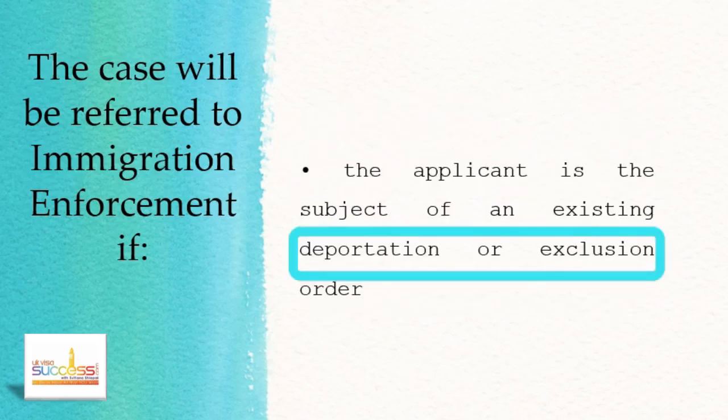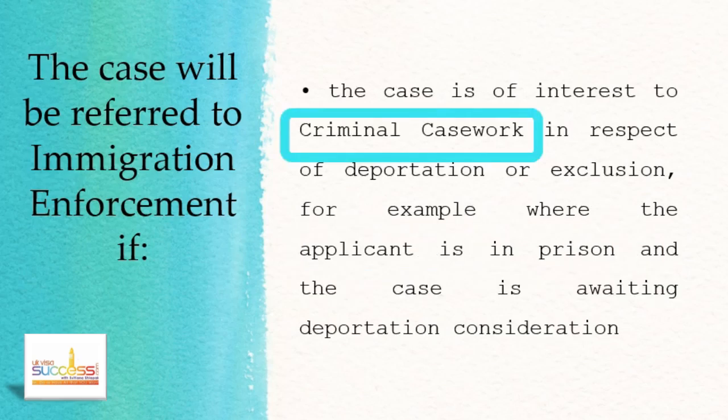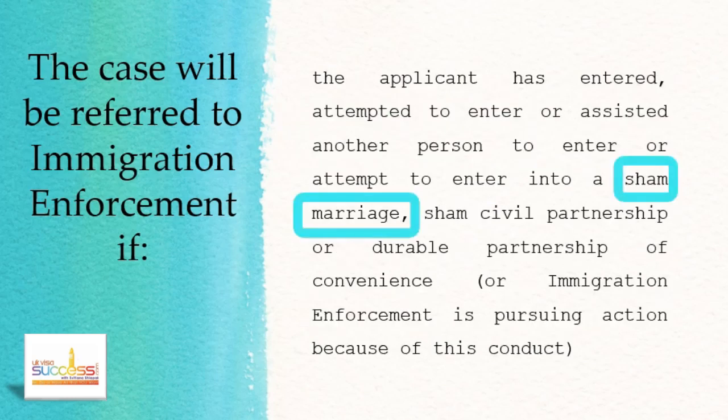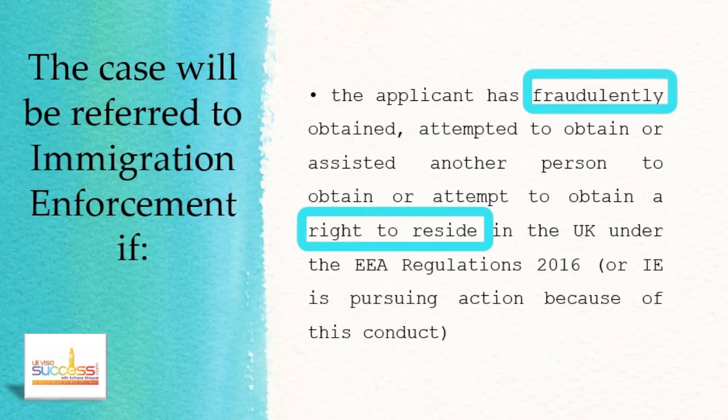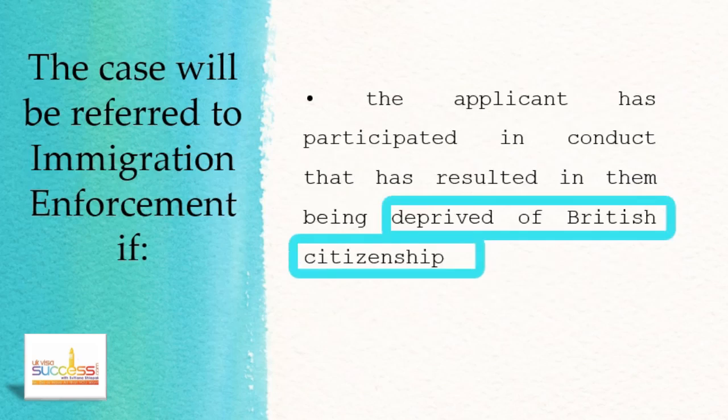or where the applicant is subject to an existing deportation or exclusion order, or the case is of interest to criminal casework in respect of a deportation or exclusion, for example, where the applicant is in prison and the case is awaiting deportation consideration, or where the applicant has entered, attempted to enter, or assisted another person to enter or attempt to enter a sham marriage, a sham civil partnership, or durable partnership of convenience, or where the applicant has fraudulently obtained, attempted to obtain, or assisted another person to obtain the right to reside in the UK under the EU regulations, or where the applicant has participated in conduct which has resulted in them being deprived of British citizenship.